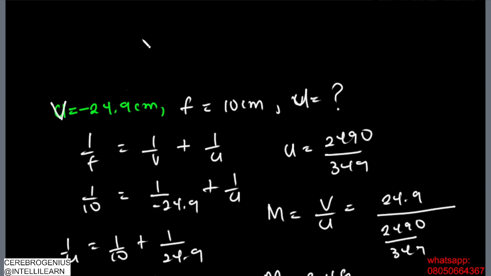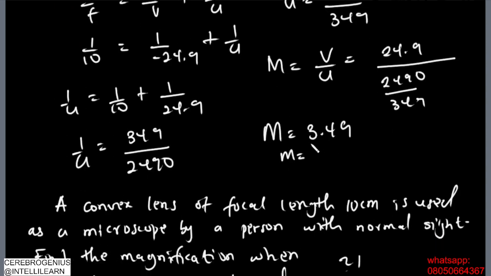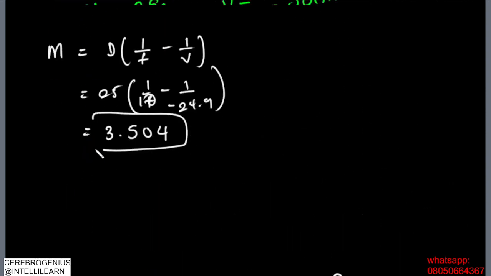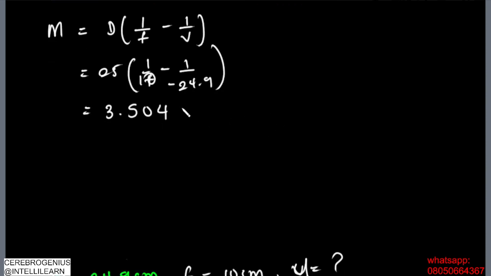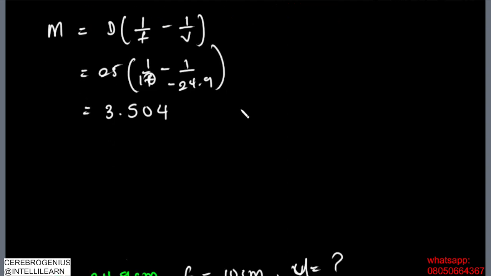Let's assume that this is the image, then the distance between the image and you must be 25. Now this is 24.9, that means it is closer than that distance. So that means that it is still going to become bigger than normal. That's why we have the value as 3.5, which is greater than the normal when we used the normal formula for microscope. Don't forget that this formula is for a microscope.